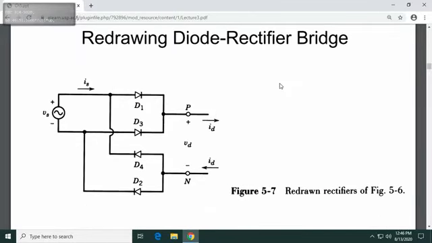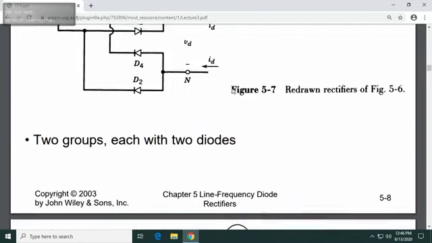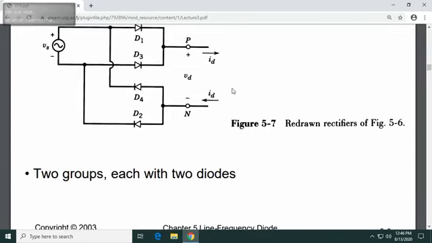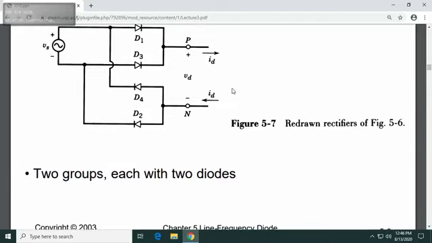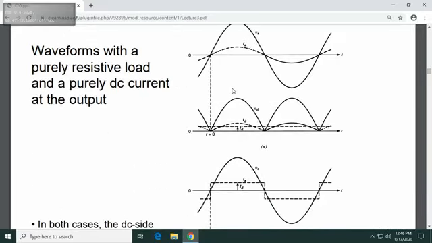Then there is also a figure showing how the current flows. ID positive, ID negative. Two groups, each with two diodes. It will be very interesting how 3-phase rectifiers work. And these are the waveforms.